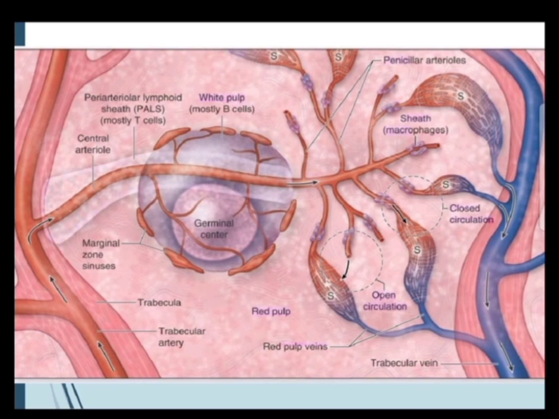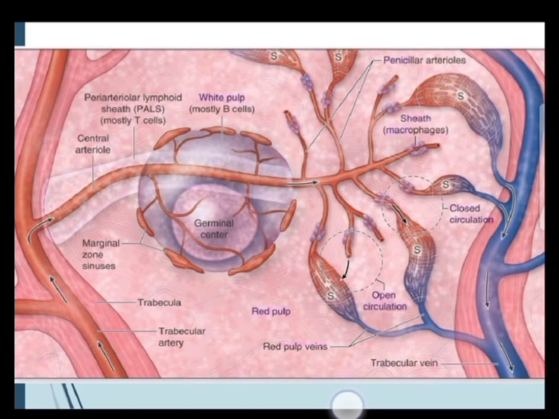These periarterial lymphatic sheaths are the formation of the white pulp. When this artery divides and redivides and reaches the dimension of a central arteriole, it is at that time surrounded by a fusiform or circular collection of lymphocytes, which is known as the lymphatic nodule.